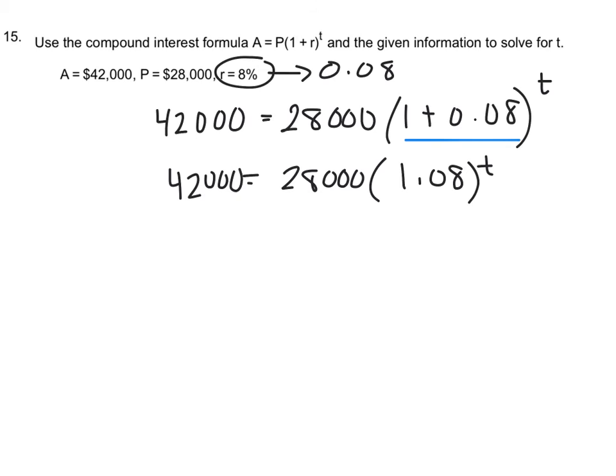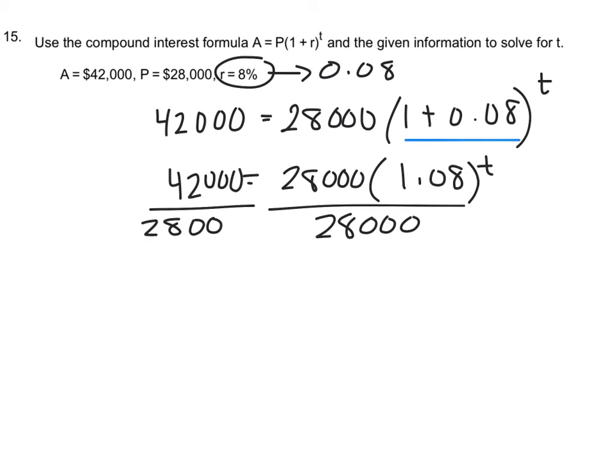Next, we want to get the 1.08 to the t power by itself, so we're going to divide both sides by 28,000. 42,000 divided by 28,000 is 1.5. So 1.5 equals 1.08 to the t power.